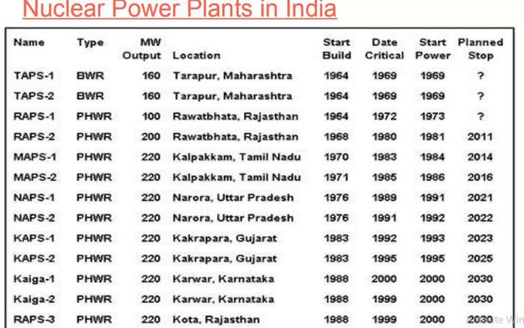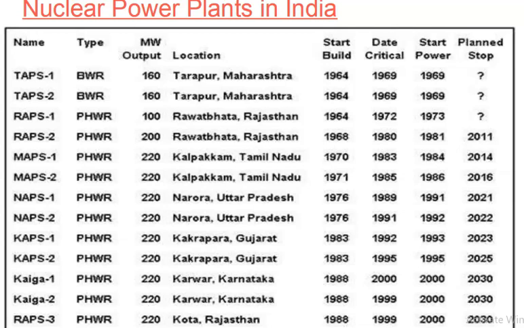Its type was BWR, boiling water reactor, and its output was 160 megawatt. Second, Rawatbhata in Rajasthan. It started in 1964, was a pressurized water reactor, and output was 100 megawatt.